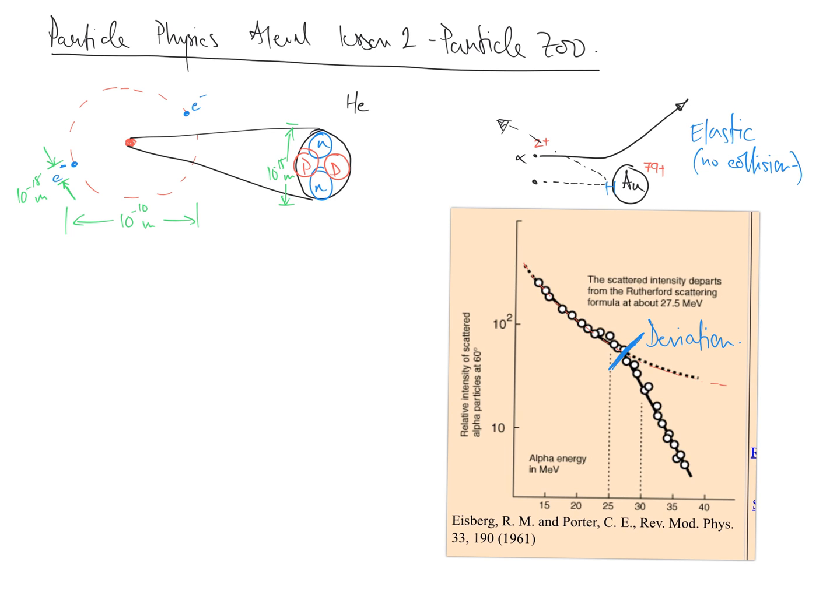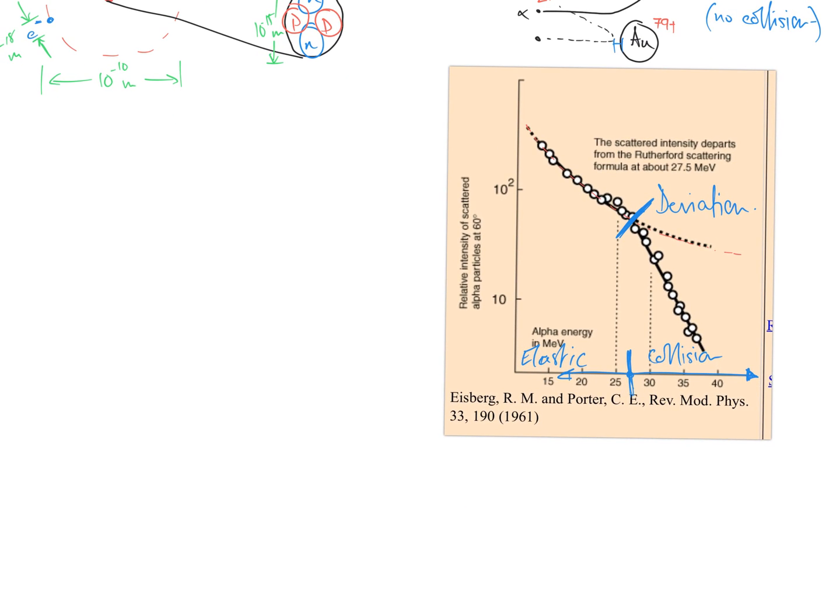However, when we do have these higher energies, collisions take place. And in this area here, where the collisions take place, is called inelastic scattering.